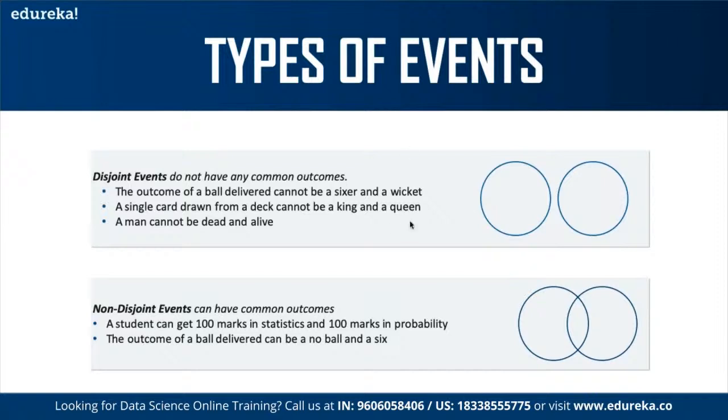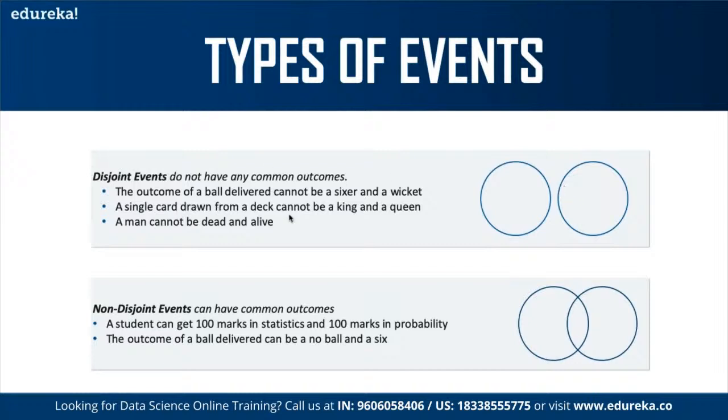For example, a simple use case of disjoint events: we have one event for a 6 and one event for a wicket, right? So they cannot overlap. It may be a 6, but if it is a 6, it cannot be a wicket. And if it is a wicket, it cannot be a 6. That's why these disjoint events cannot overlap, right?